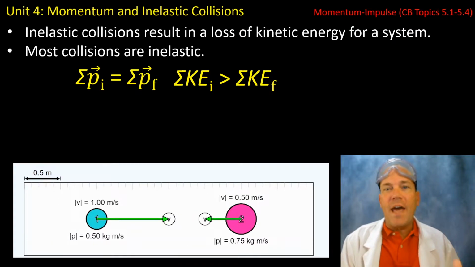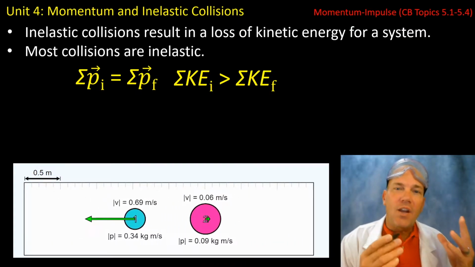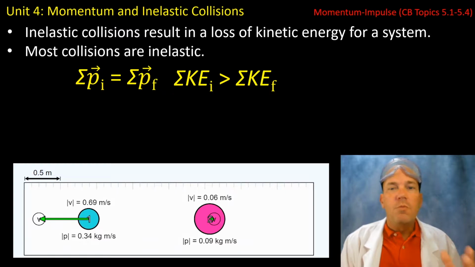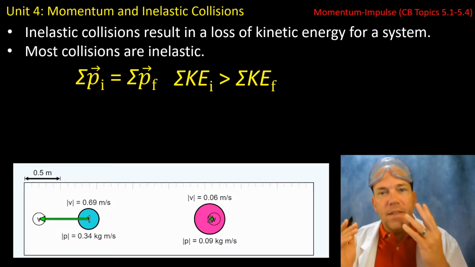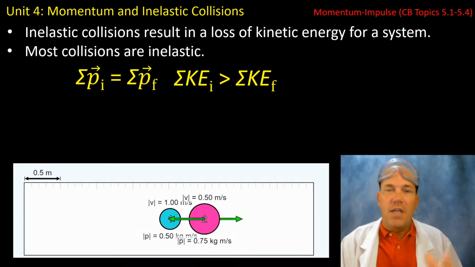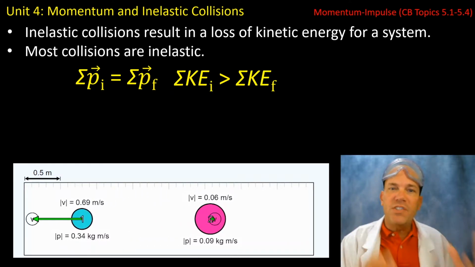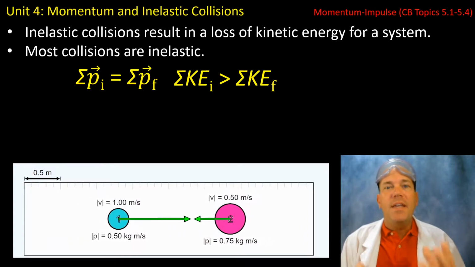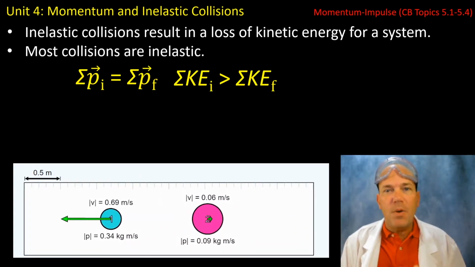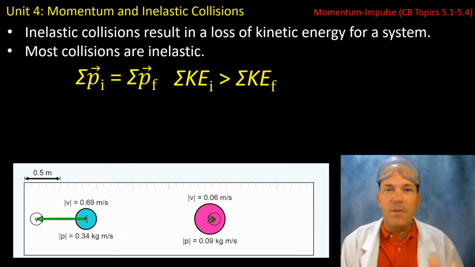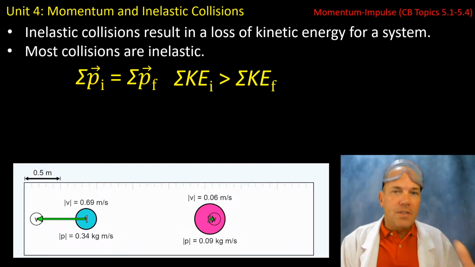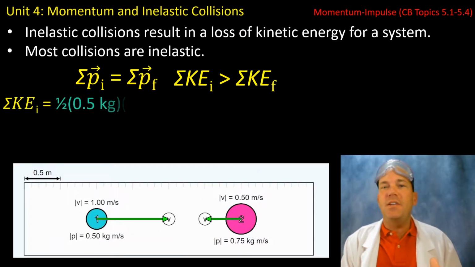We're also now going to predict that our initial kinetic energy will be greater than the final kinetic energy. Please recall that we're summing the momenta and also summing the kinetic energies both before and after the collision. So let's get to it with this simulation.